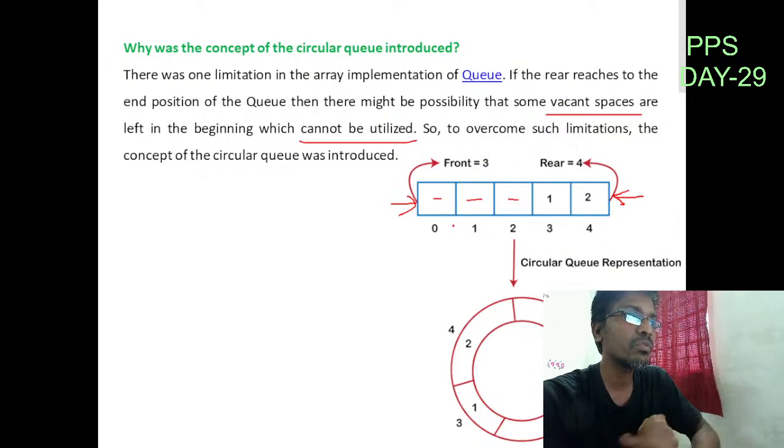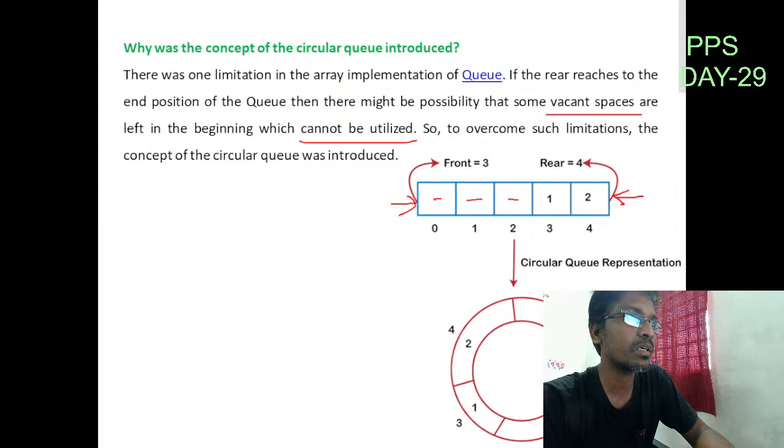In a queue, you insert elements through the rear end and delete elements from the front end. While deleting from the front end, there may be some vacant spaces left in the beginning which can't be utilized.